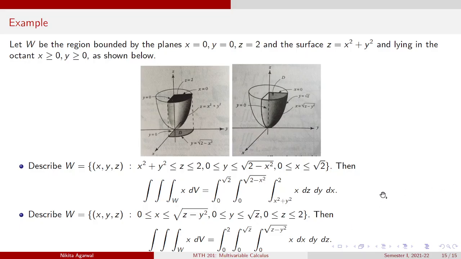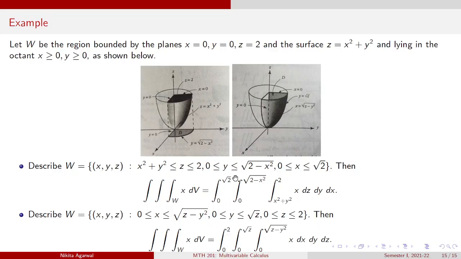So there is some geometry involved and one has to really draw a picture and figure out what the limits should be. But keep in mind that the outermost limit can't be in terms of variables. Because then when you integrate it, you won't get a scalar, you will get a function.